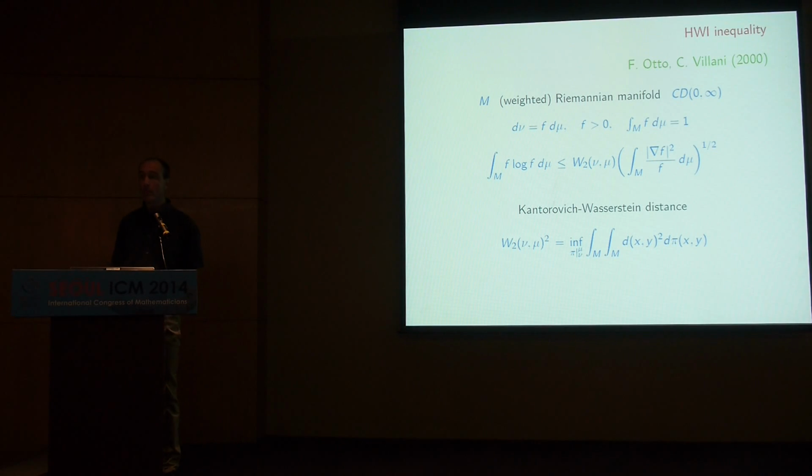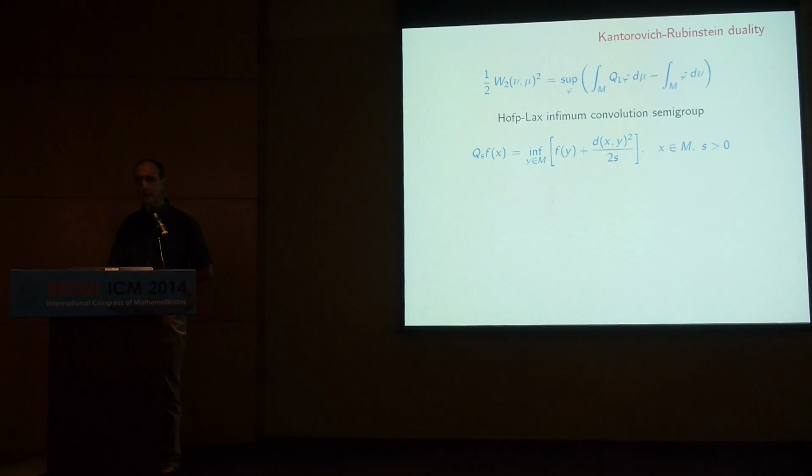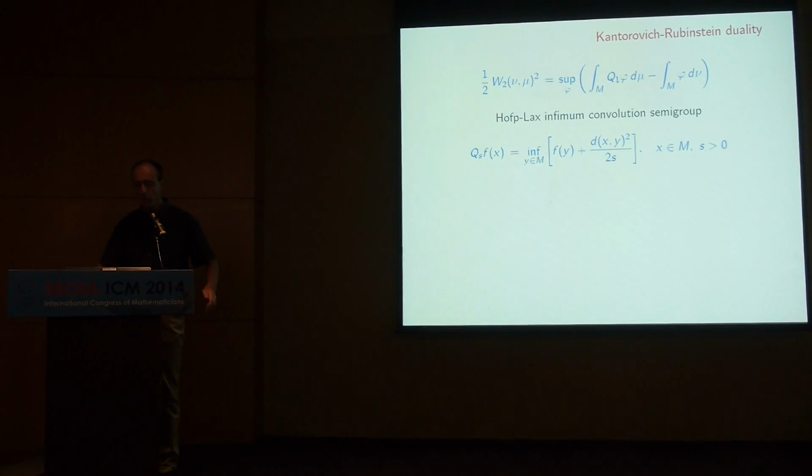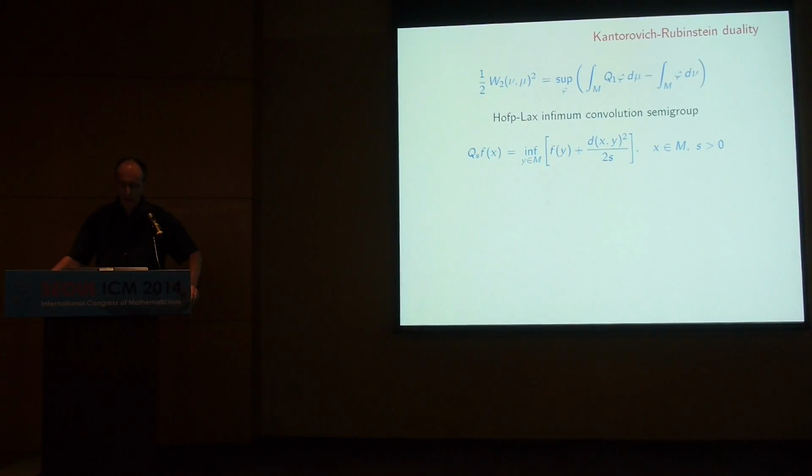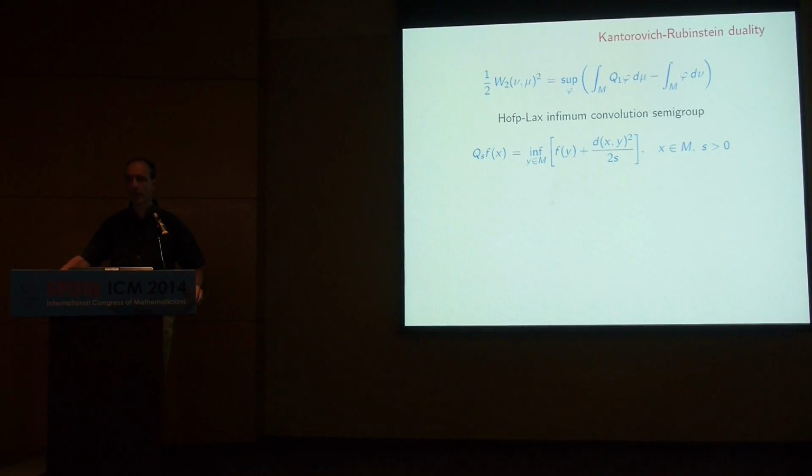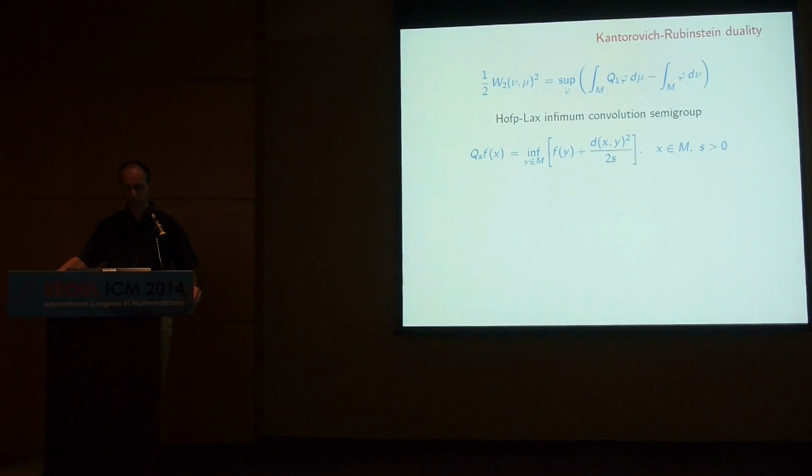It was proved at the beginning using PDE methods, and is actually a very simple consequence of the preceding log-Harnack inequality which we emphasized, and the connection is made very easy by the very classical Kantorovich-Rubinstein duality that expresses the Wasserstein distance in terms of the Hopf-Lax infimum semigroup.